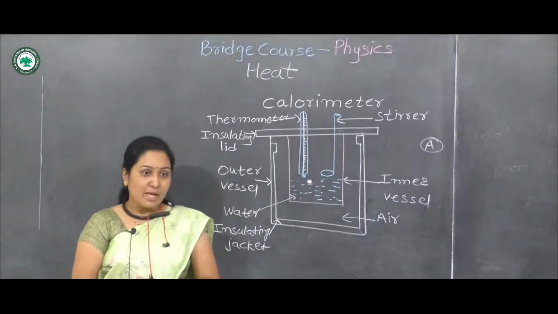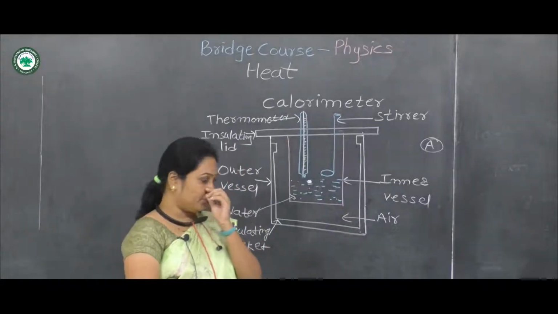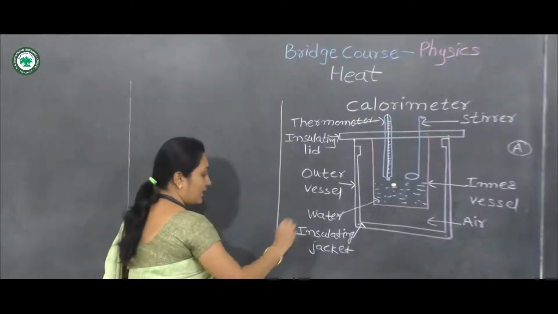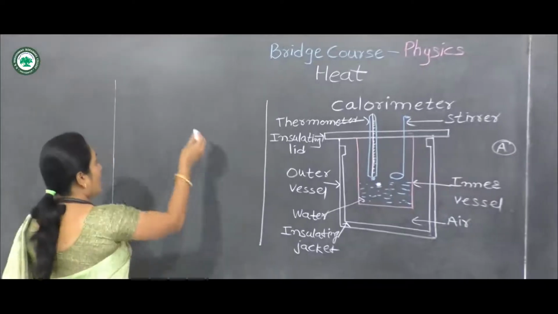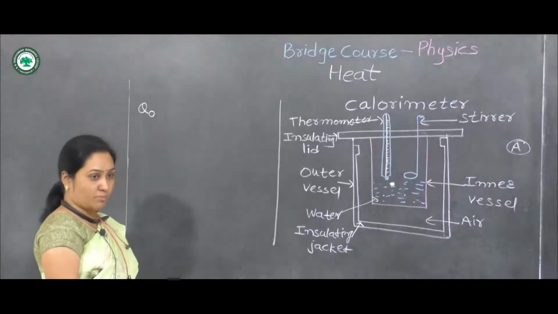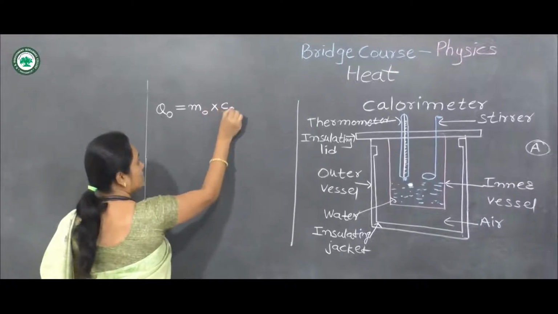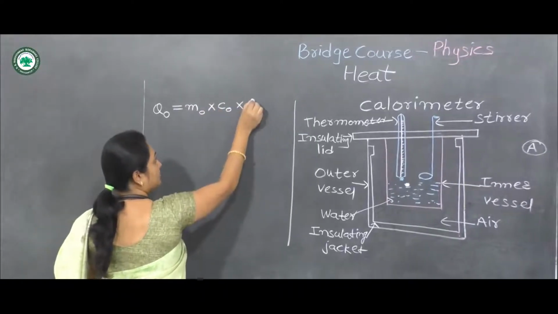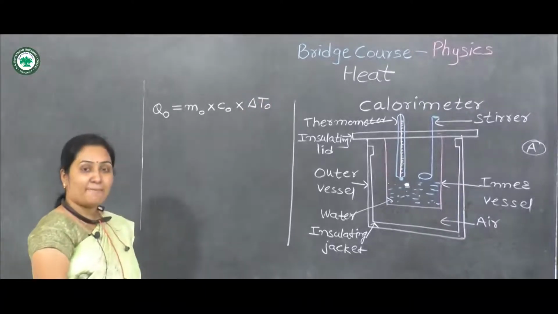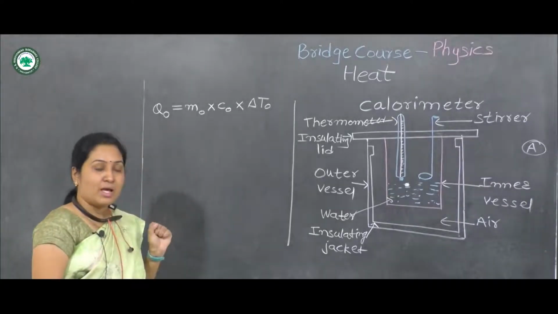Now by using a formula we can measure the amount of heat. The formula is QO, the amount of heat of the object, equal to mass of object into specific heat of object into delta TO, the change in temperature of the object.